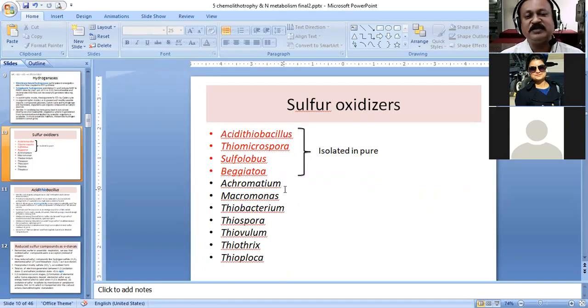The name of the genus is now Acidithiobacillus, because these organisms can survive in acidic environments. That is a very characteristic feature of these organisms, right? So we have other genera like Thiomicrospora, Sulfolobus, Beggiatoa, Achromatium, Thiomonas, and so on. You can just go through the list. These are all sulfur oxidizing bacteria.